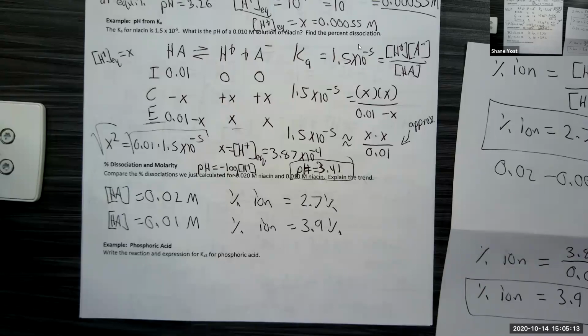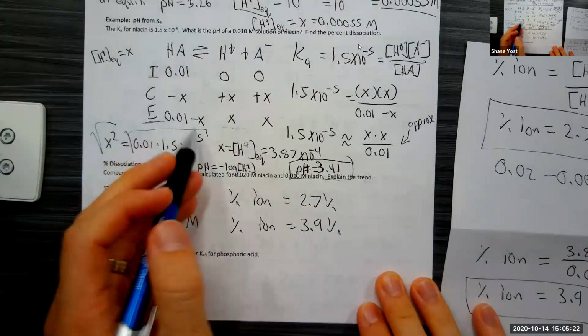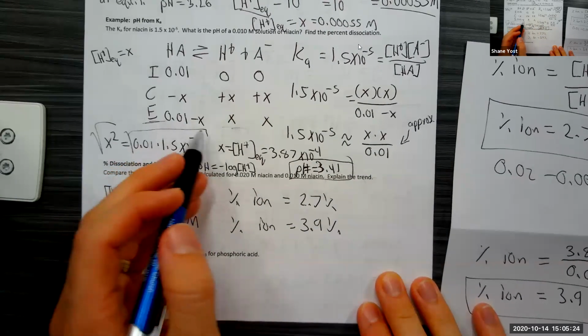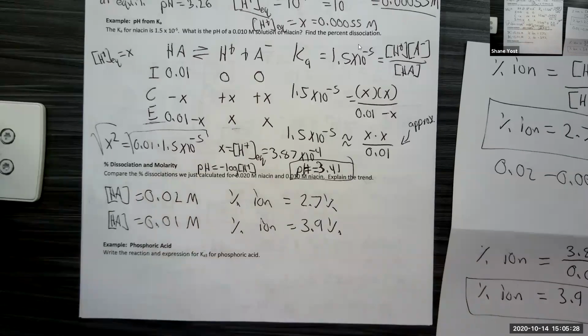So there are different rubrics, different ways you can check to see if you can assume that the initial concentration of your weak acid minus the change is basically equal to the initial concentration. That is our approximation. That change is so small that roughly the concentration of our weak acid isn't changing in the solution. Again, if I were to round to my significant figures, that's what I would see.